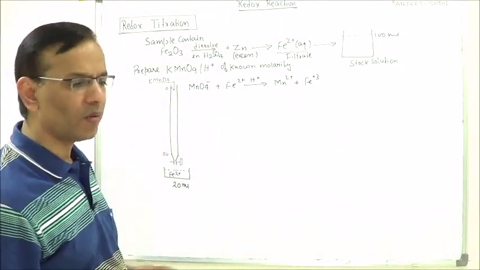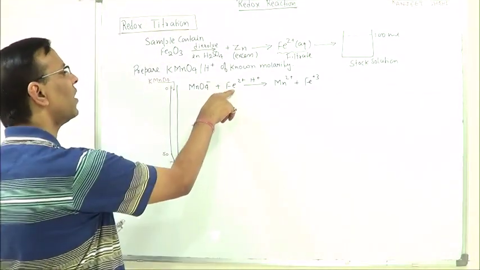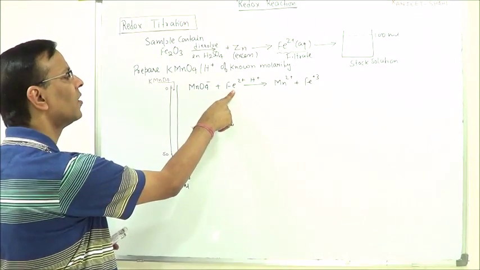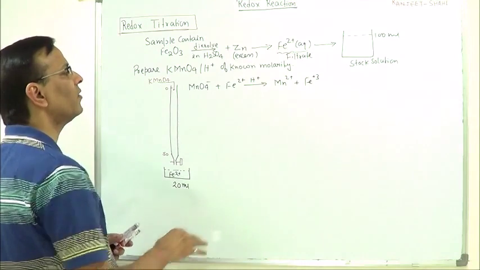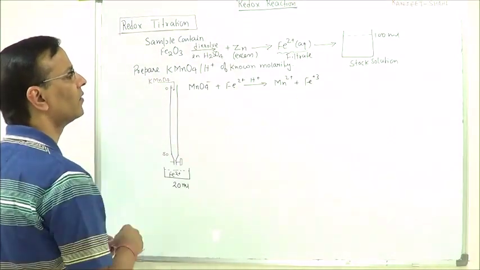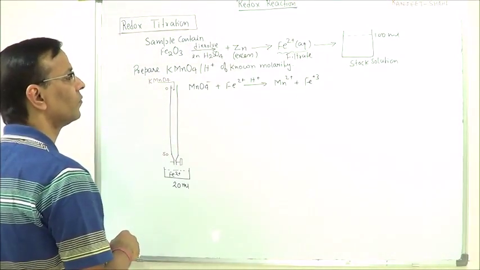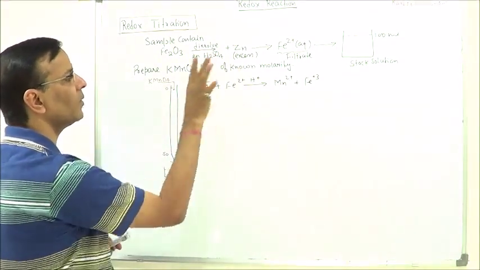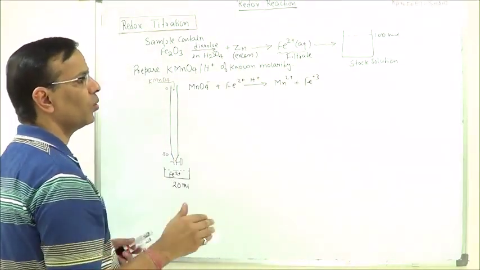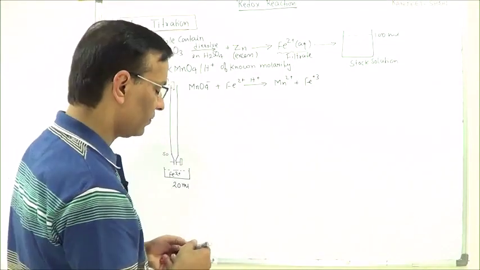The time at which this ferrous ion gets exhausted, we assume that this reaction is complete. And the point at which this reaction is just completed is known as the end point.